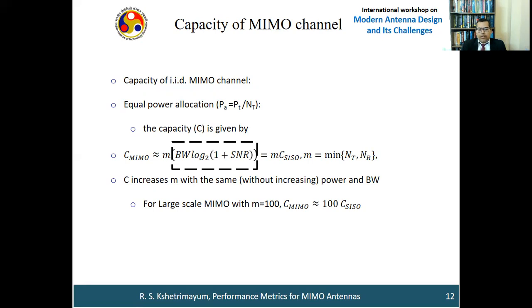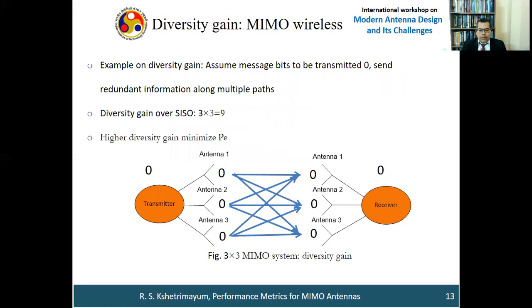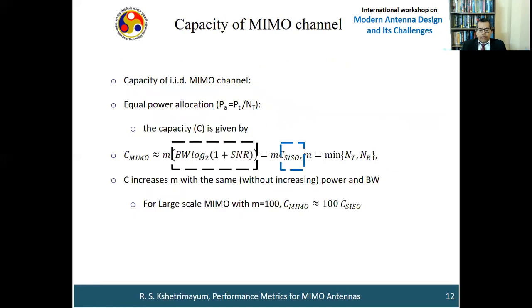It's interesting to look here. What is the capacity for the single input, single output system? In this system, capacity is bandwidth times log 2 of 1 plus SNR. So if you want to increase the capacity for a SISO system, you have to increase either the bandwidth or the SNR inside the log term. But for a MIMO system, the increment in capacity comes without increasing the bandwidth and SNR. SNR you cannot keep on increasing, as there is the issue of interference, and bandwidth is very precious.